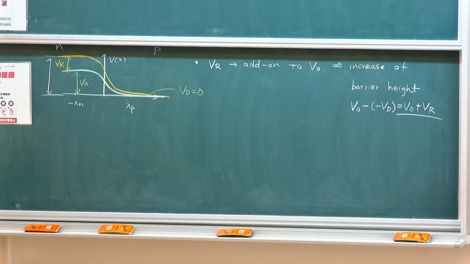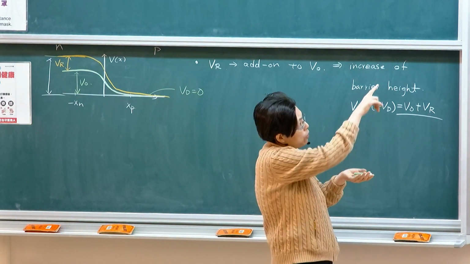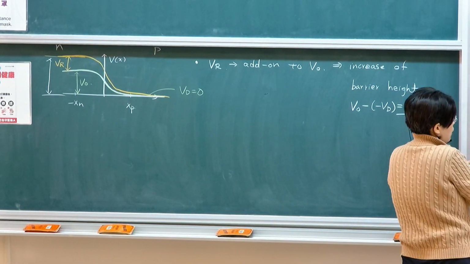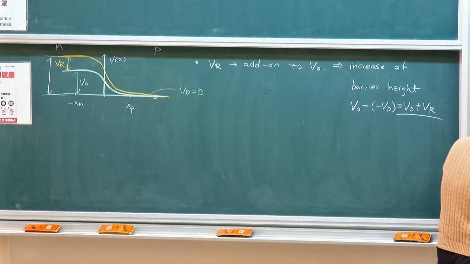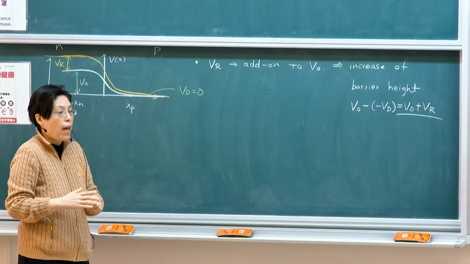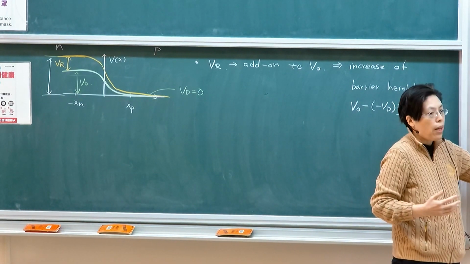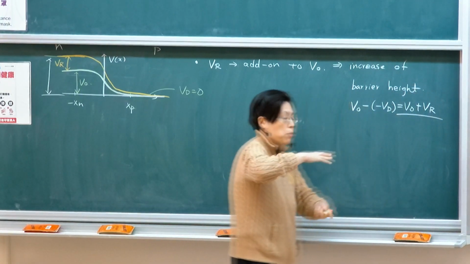Okay? So how do you actually build more potential barrier? When we do this integration, you will see that if you look at the plot, V0 is actually the size of this area, because it's the integral of the electric field. So this simply means you will need a larger triangle, because the triangle area is the potential built up at this barrier.